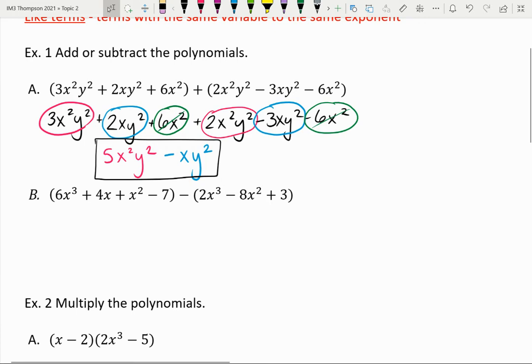Cool. So yeah, for B, because I have subtraction, when I rewrite this, it's going to be a little different. When I'm subtracting this entire polynomial, I'm going to have to go through and change all the signs. Or you could think of this as multiplying everything through by a negative 1, which is still changing all the signs. So when I rewrite this, the first polynomial, nothing changes.